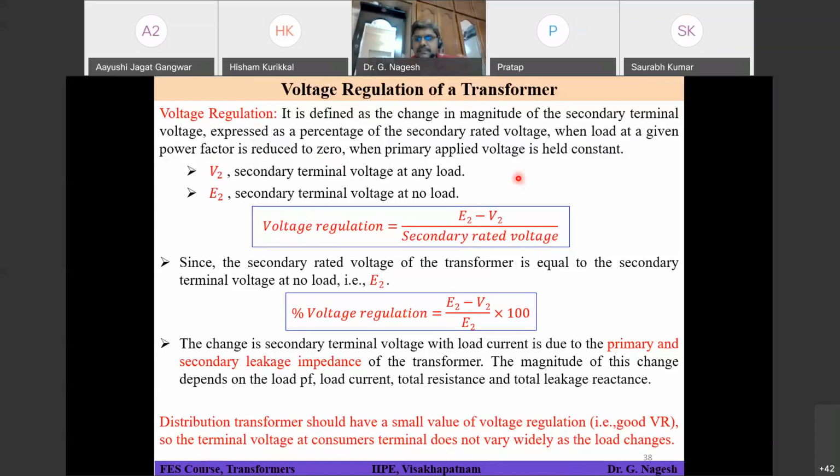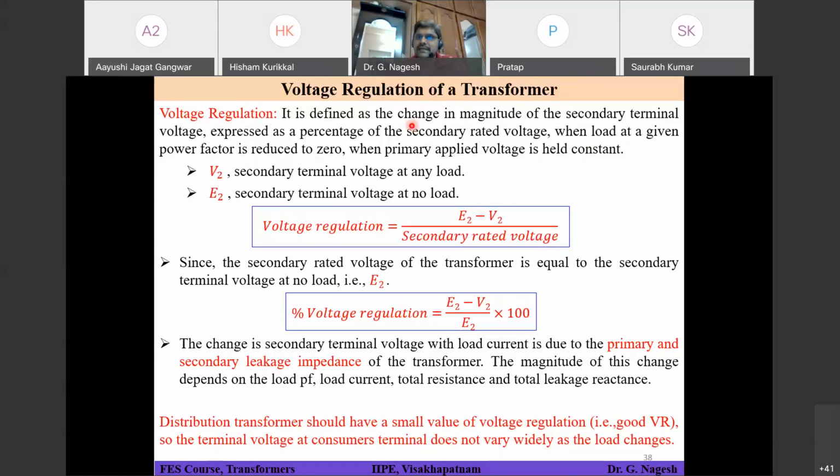Load terminals means immediately after the transformer. On the secondary side, some value you got. Next, I have simply disconnected the load. That means open circuit. At that instant, you will again measure the voltage. Those two voltages will not be the same. They are going to have some difference. So that is called voltage regulation.